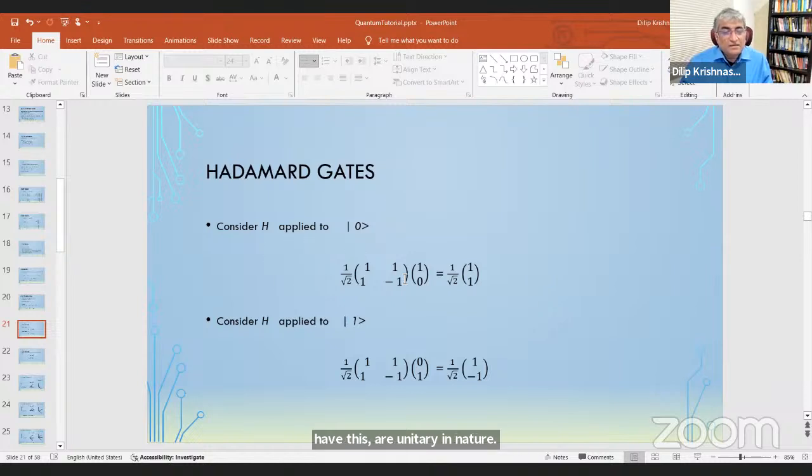So in general, all these gates are unitary in nature, and there are different types of gates, and effectively they're trying to do some sort of rotation on these vectors. If you start with ket 0 and then you apply the Hadamard gate, you can see now you've moved it into a 45-degree direction. Similarly, if you apply it to ket 1, it's moved in an opposite direction here.